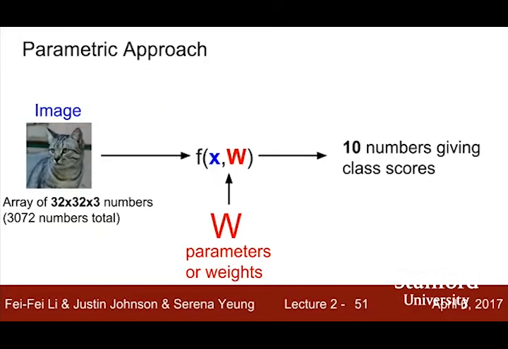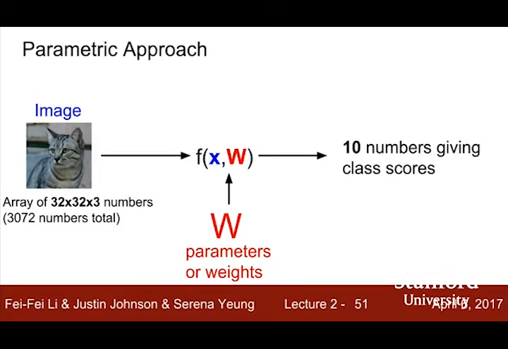So the linear classifier is one of the simplest examples of what we call a parametric model. Our parametric model actually has two different components. It's going to take in this image, maybe of a cat on the left, which we usually write as x for our input data, and also a set of parameters or weights, which is usually called w, also sometimes theta, depending on the literature.